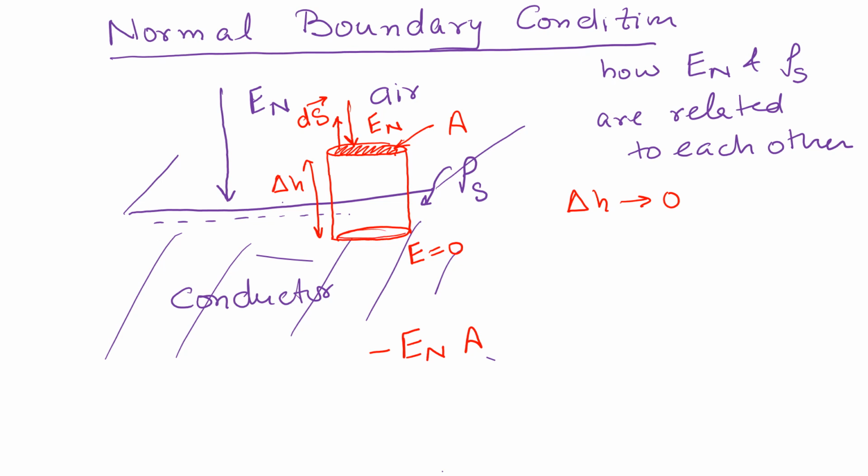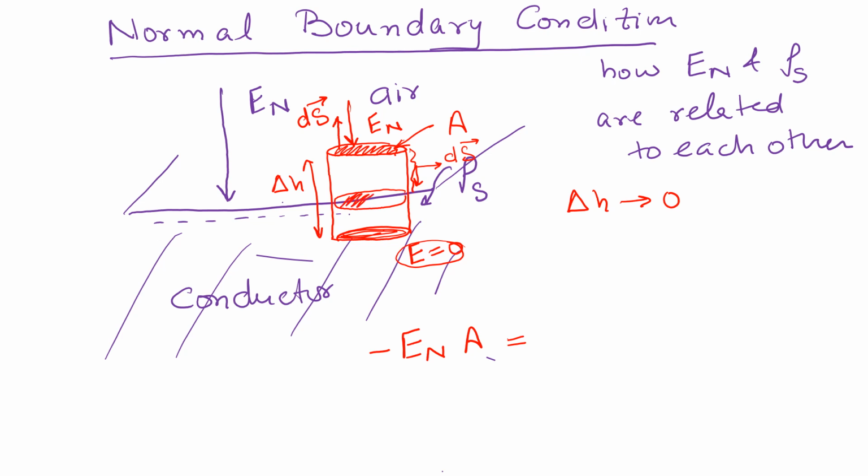The flux on this part is 0 because the electric field is 0. The flux on this part is 0 because ds is pointing in that direction and E normal is pointing downwards. That has to be equal to the total charge which is enclosed. We have already previously said that the charge is only sitting on the surface and there is no charge in the volume of a conductor.